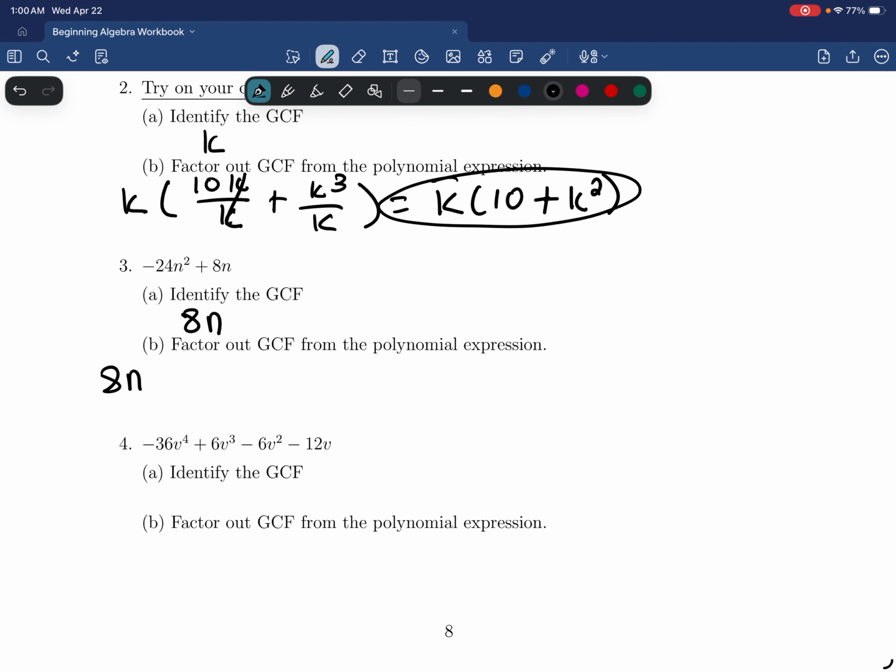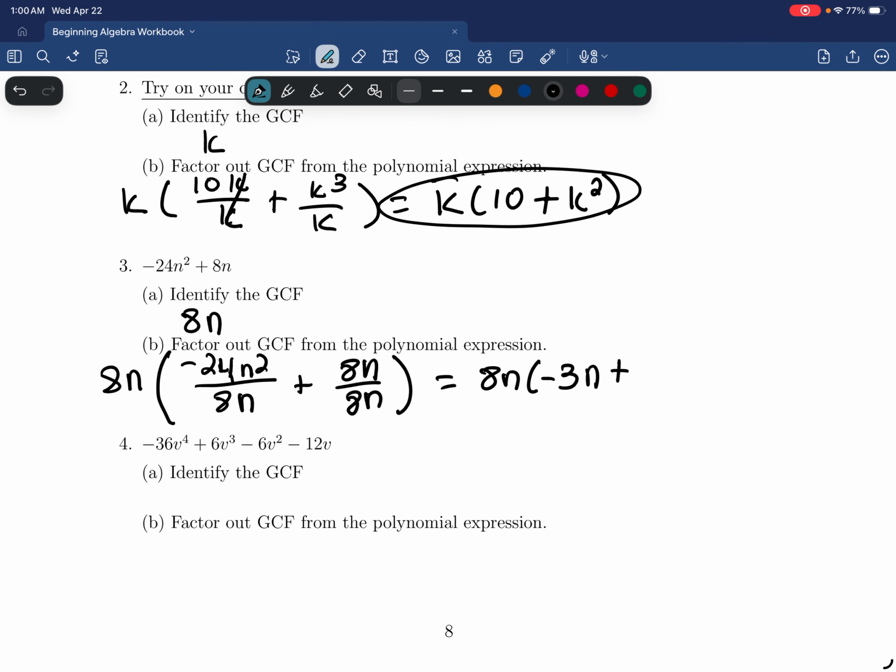When we do that, we get 8n times negative 24n squared divided by 8n plus 8n divided by 8n. When we simplify, negative 24 divided by 8 is negative 3, and n squared divided by n just becomes n. Then the 8n and 8n cancel, so we just get negative 3n plus 1.